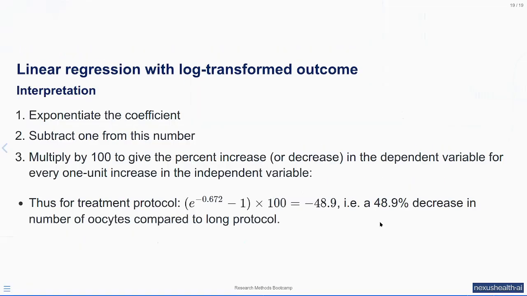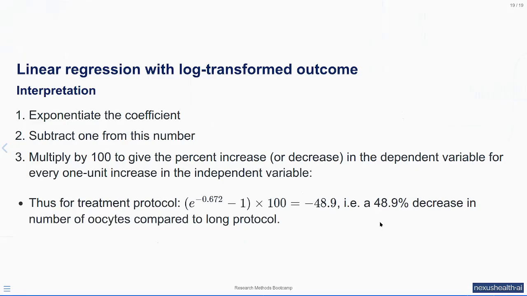Once you calculate that out, all you need to do is exponentiate the coefficient and then subtract 1 from this number, and then multiply by 100 to give the percent increase or decrease. In this case we're not talking about additive but multiplicative effect, for every 1 unit increase in the independent variable.